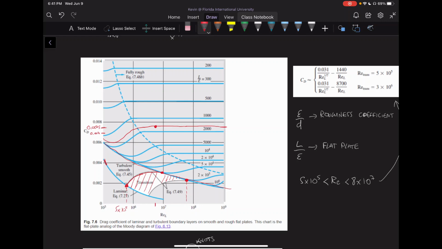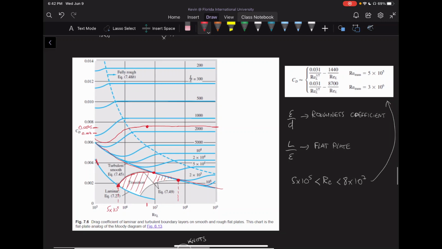You don't have to get the exact same values as in the solutions in your book. But clearly we can see that from our charts in part A, since we had a smooth surface and we were still very close to our transition phase, we had to use our equation 7.49, or our equations shown here.